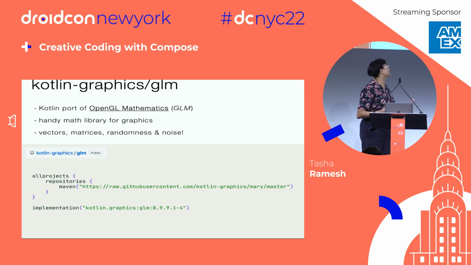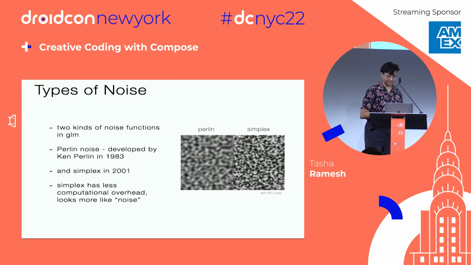But this library can be used for basically any situation where you need a reliable math library and you need to handle vectors and matrices and things like that. So it also contains some cool functions for randomness and noise. And if you want to use GLM in your project, you're going to have to add a little extra Maven entry, and of course add your dependency as usual.